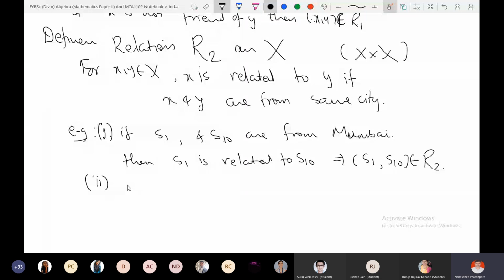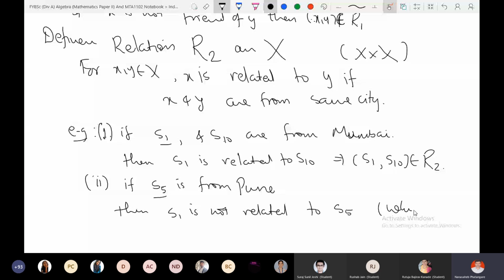Suppose S5, the student whose roll number is 5, is not from Mumbai, is from Pune. Then can you say, where is S1? S1 is from Mumbai and S5 is from Pune. Therefore, they do not belong to the same city. Therefore, S1 is not related to S5, because they do not belong to the same city.